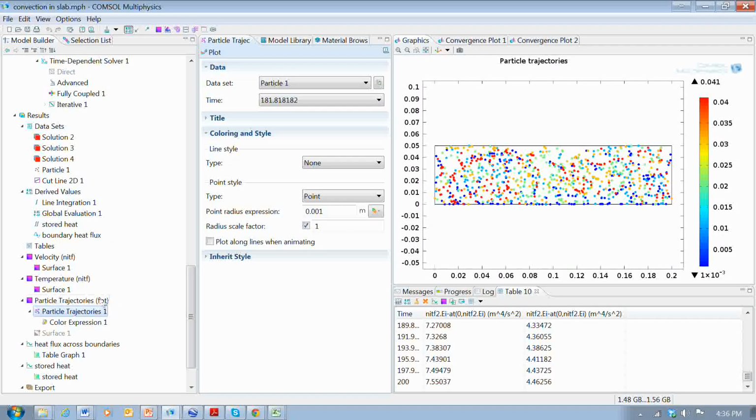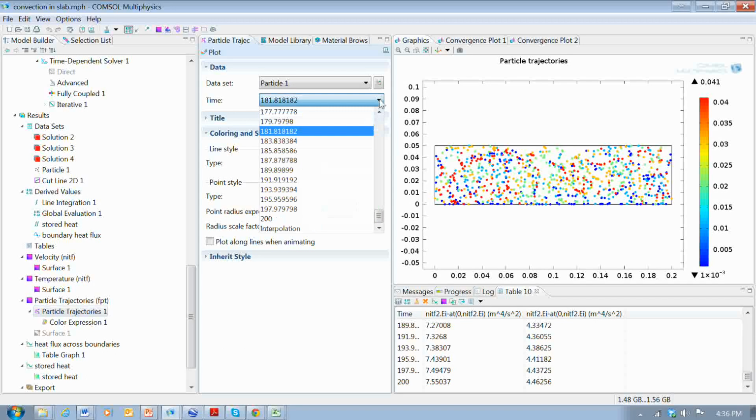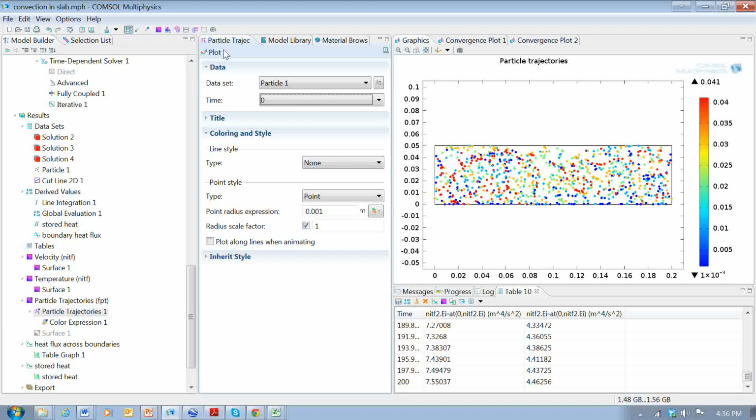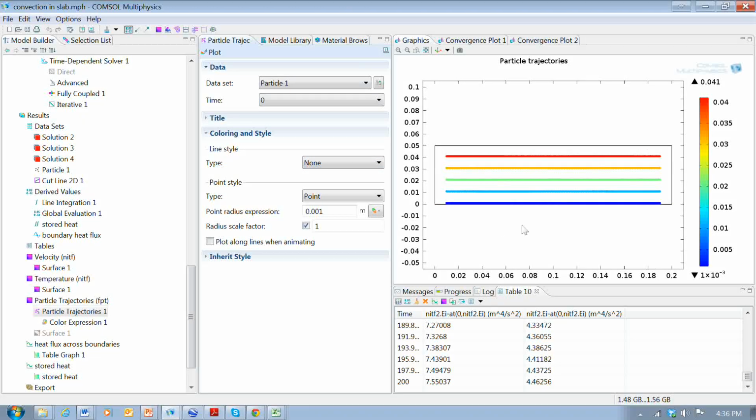So let's go and turn back the clock here to the beginning. This is how things are starting out, and basically the color code is the elevation in the layer.